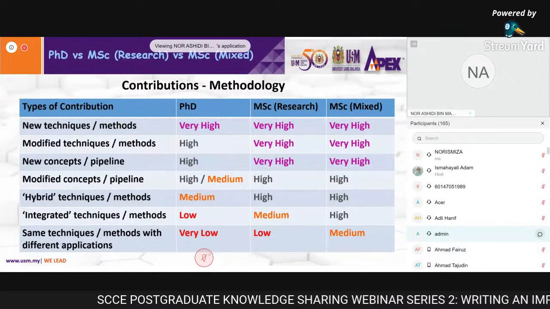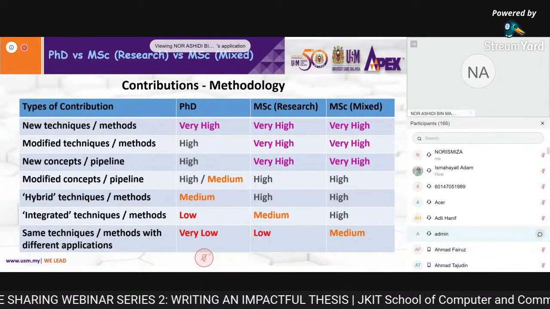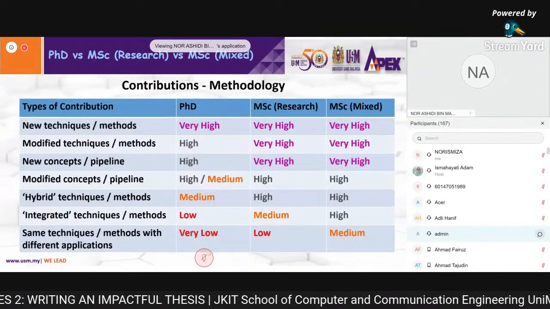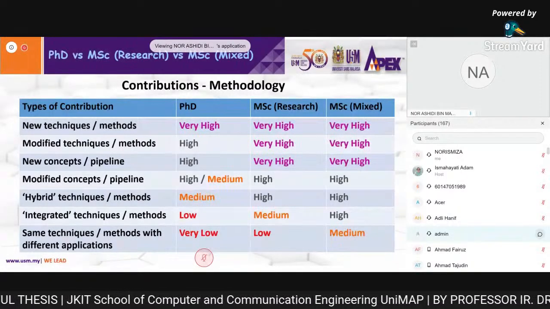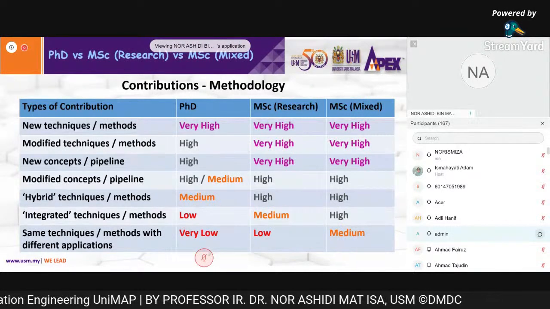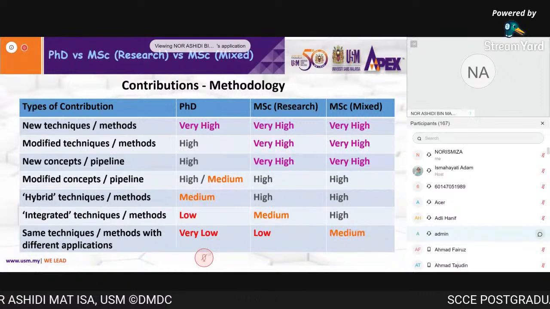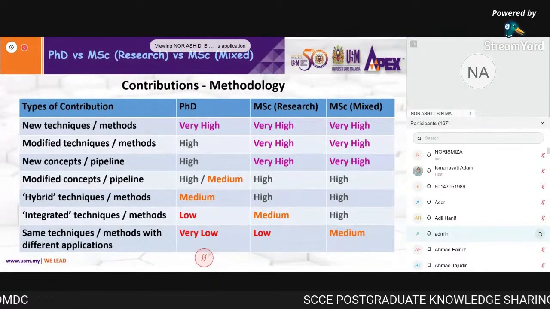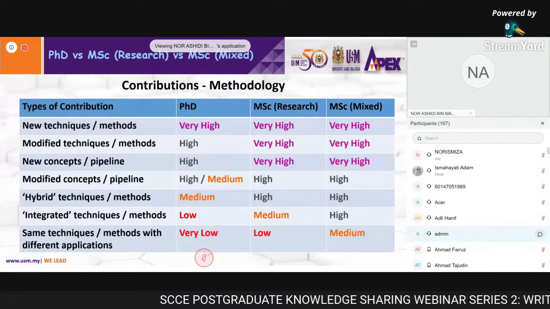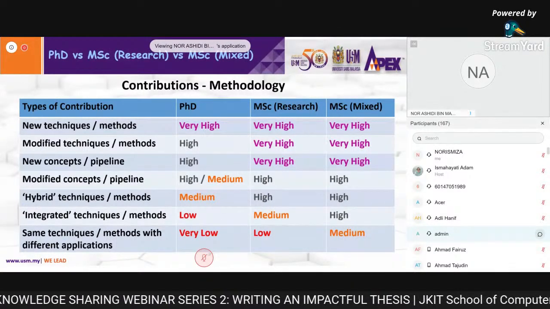I start with integrated. Integrated means you have method A, you have method B, you join them together, meaning that you give the input to method A, then you get the output from method A. This output you feed into method B, and you get the output, without modifying or changing anything for method A and method B. That's why we call it integrated.